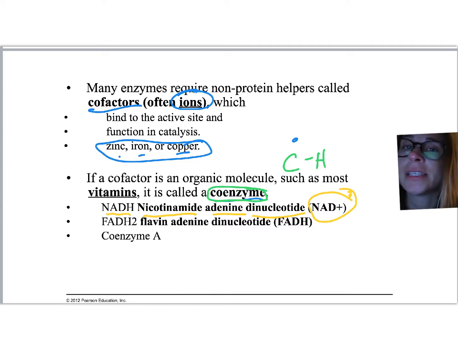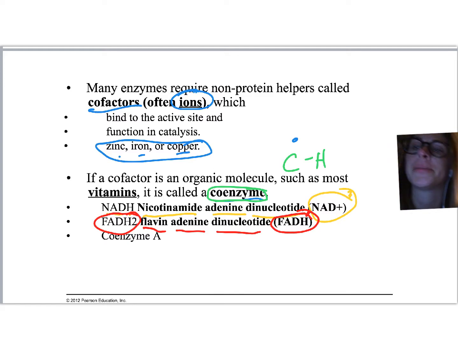The next one is going to be flavin adenine dinucleotide. So this one is going to be FADH2, 2 hydrogens, and when it's ionized, it only has the 1. It's not really ionized as much, but we'll see what that means in a bit. And the last one we deal with is coenzyme A. All right, we're going to use that to modify an early stage component of these metabolic cycles.